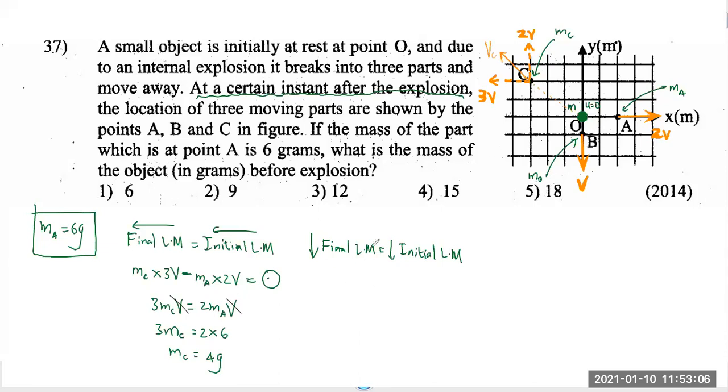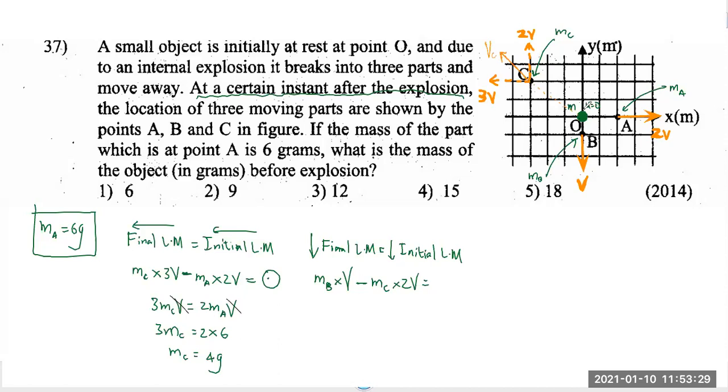After the explosion, what are the vertical components of momentum? MBV downwards, mass of B multiplied by its velocity, minus C is going upwards. Therefore, I should write MC multiplied by, what is the upward velocity? 2V. We just discussed how this 2V and 3V were marked depending on the number of squares moved.